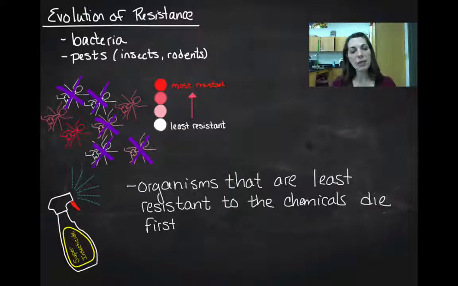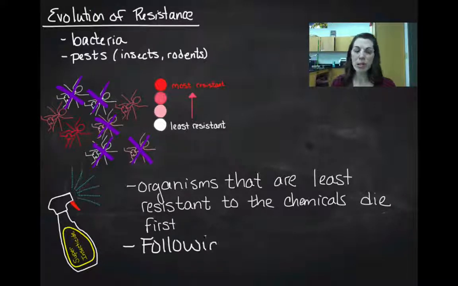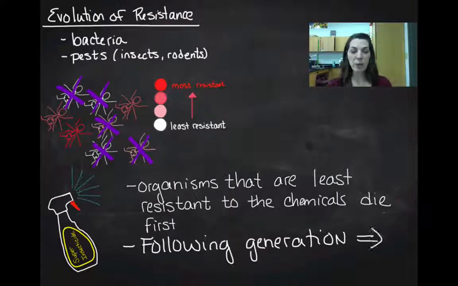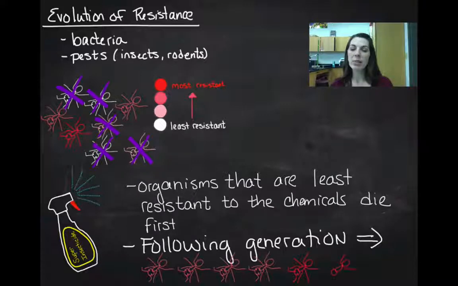So those ants are going to survive, and since they're going to survive, they're going to reproduce. So the following generation, what I end up with is the pink, the dark pink, and the red ants reproducing, and basically I'm just going to double their numbers for this. So we're going to have exponential growth within our population.